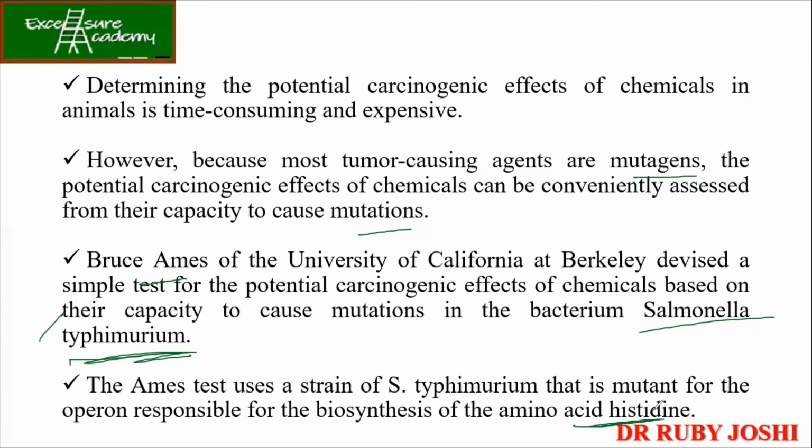Okay. Now, before I proceed further, what do you think will be the answer? Salmonella typhimurium is mutant for the operon for the biosynthesis of the amino acid. If any chemical agent is there, having mutagenic or carcinogenic effects, what kind of mutation will it show in this strain so that I'll understand that this chemical agent is mutagenic?